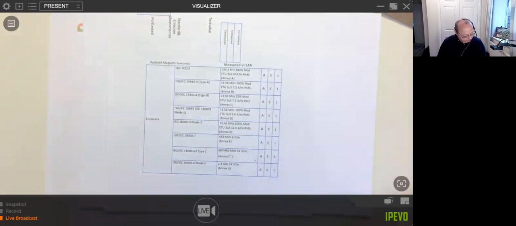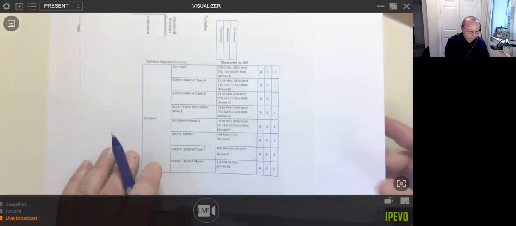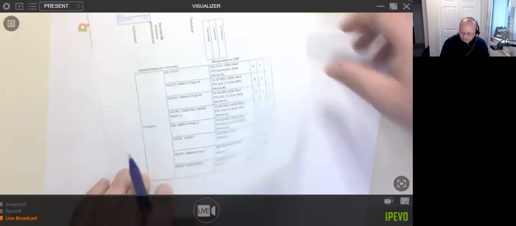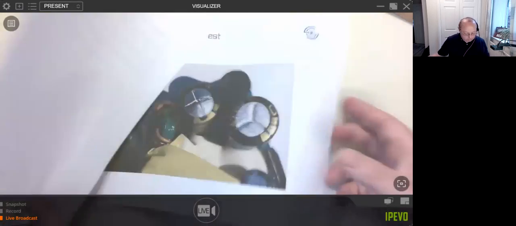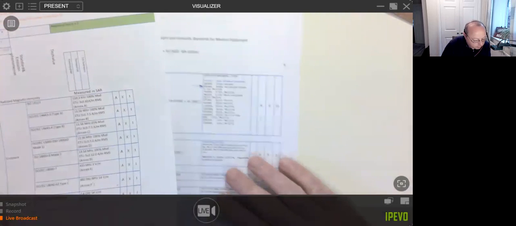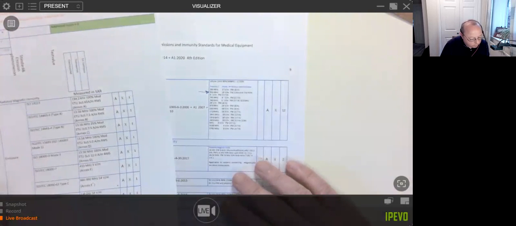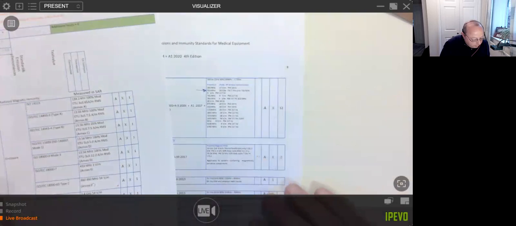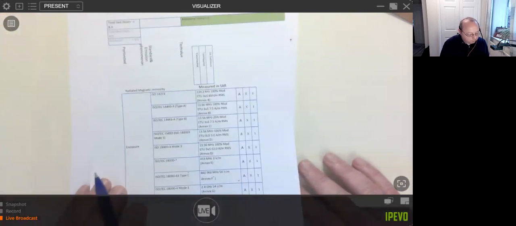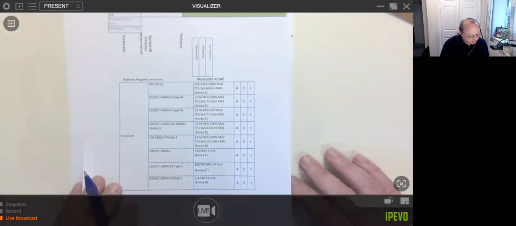Now, AIM is slightly worse than what we had before. If you remember all our crazy spot frequencies of 385 and 450 at 28 volts per meter, bearing in mind a PC is 3 volts per meter, AIM calls the spot frequencies absolutely crazy.